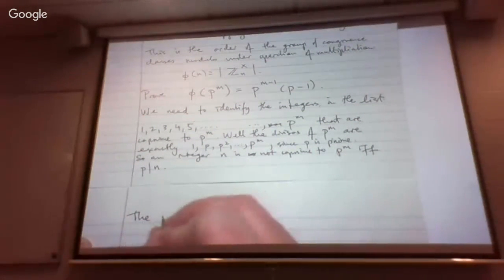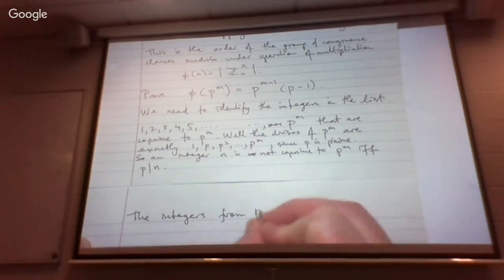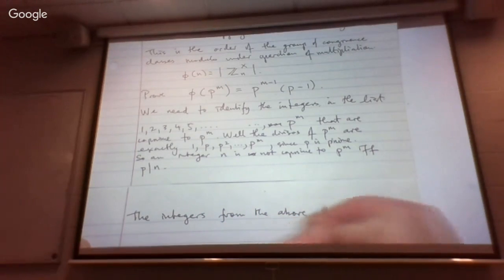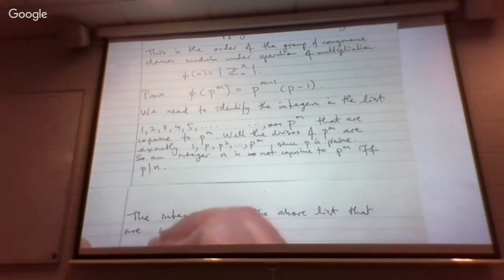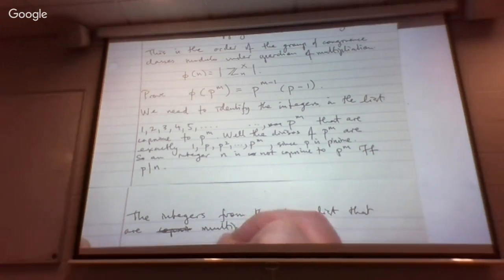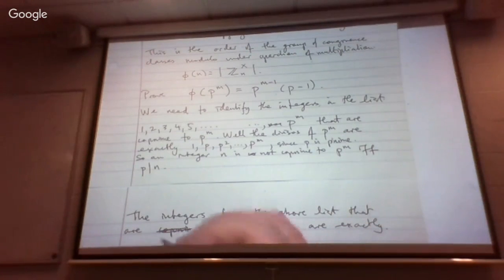The integers from the above list that are not co-prime, that are multiples of p, that's what we've changed to now, are exactly, so you start listing multiples of p. You go 1p, next multiple of p is 2p, next one is 3p.